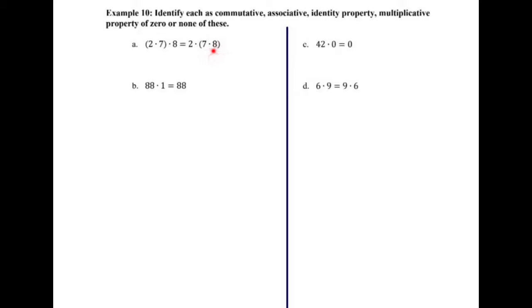The difference between the two is that the parentheses moved, right? Here's the 2 and the 7, here's the 7 and the 8. So moving the parentheses around is regrouping, which is the associative property. So in this case, it is the associative property of multiplication.